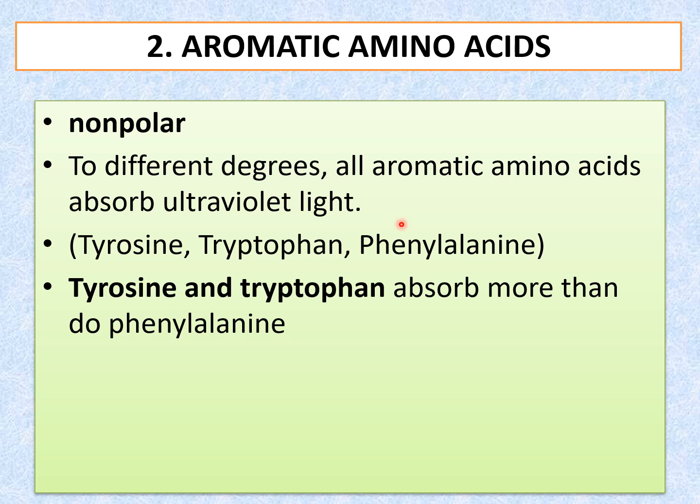They have what we call ultraviolet light absorption capacity. Tyrosine, tryptophan, and phenylalanine are all aromatic amino acids, and yes, they absorb ultraviolet light. Tyrosine and tryptophan absorb more than phenylalanine.